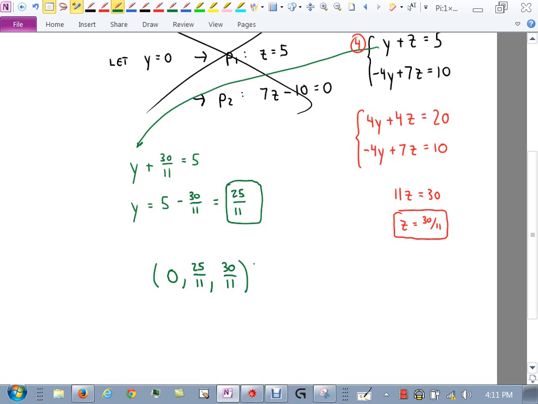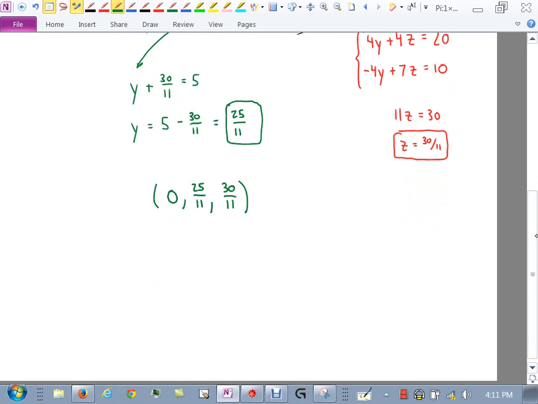But no matter what, if you let one of the variables be a constant, you should be able to get the other two. So that is my point. It lives on the line of intersection, right? Now, if I convert that over to a vector, I now know R naught is the vector 0, 25/11ths, 30 over 11. Okay.